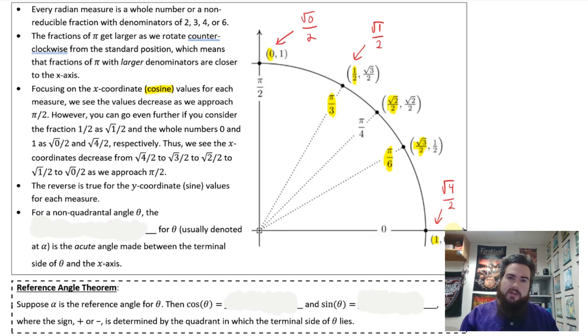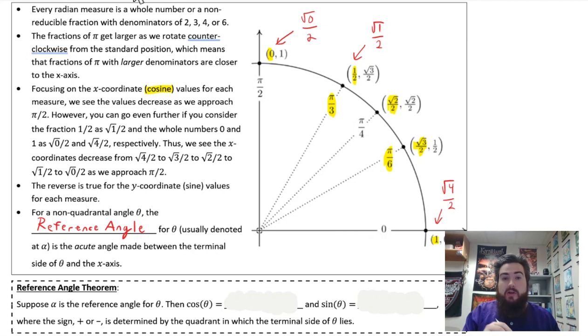For a non-quadrantal angle measure, theta. Remember, quadrantal angle measures are those such as 0, pi halves, pi, those that sit on the axes. We say that the reference angle for theta, usually denoted as another Greek letter alpha, is the acute angle made between the terminal side of theta and the x-axis.